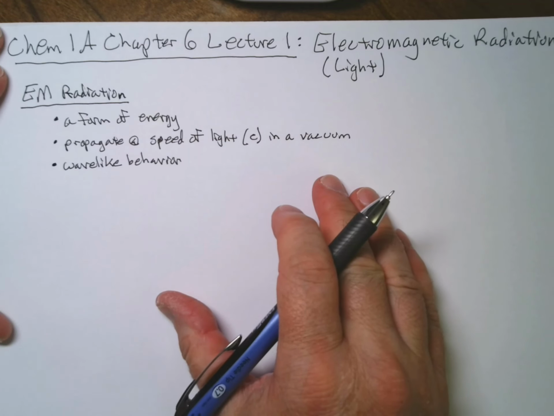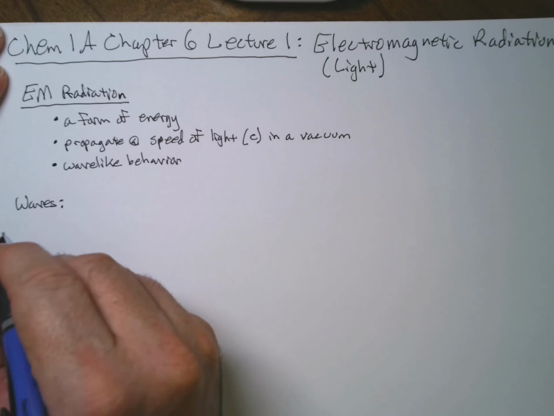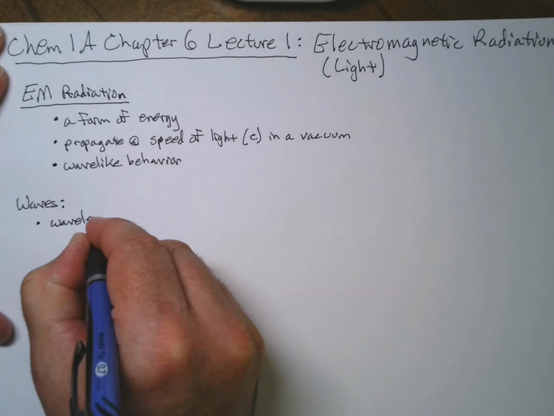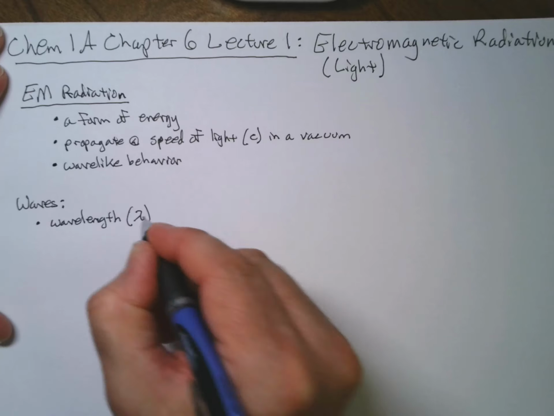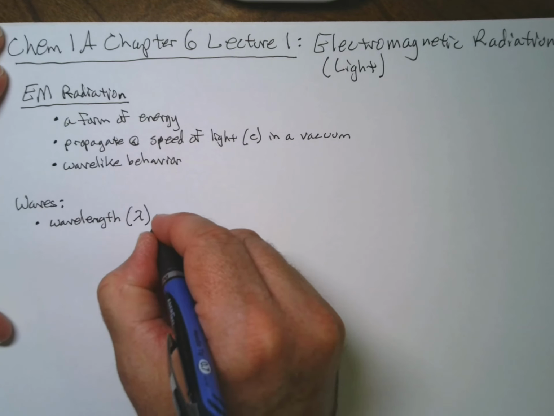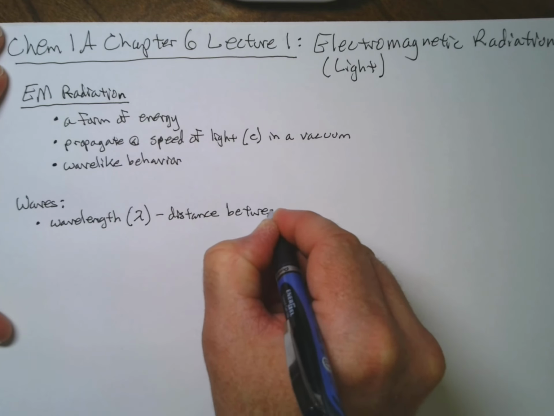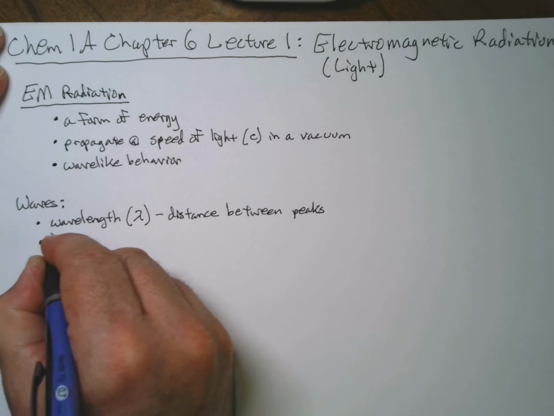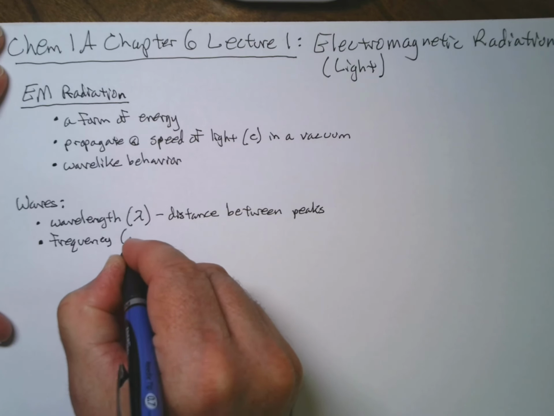So what does that mean? Well, let's take a look at waves. Waves are characterized by several things. We have wavelength, which is denoted with a lowercase Greek lambda, which is the distance between peaks. We also have frequency, which is denoted with the lowercase Greek letter nu.